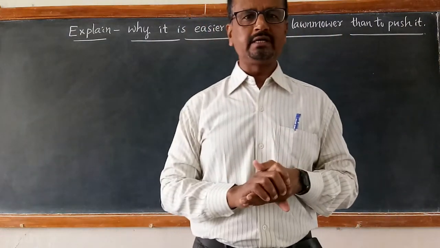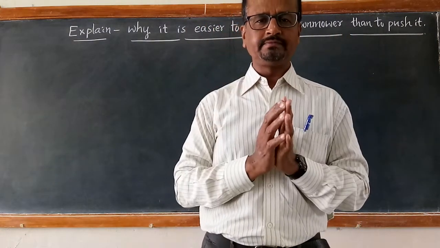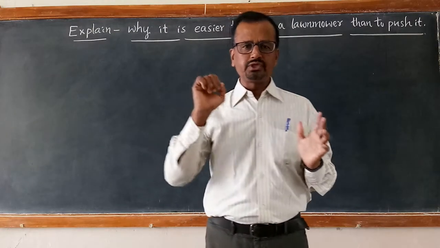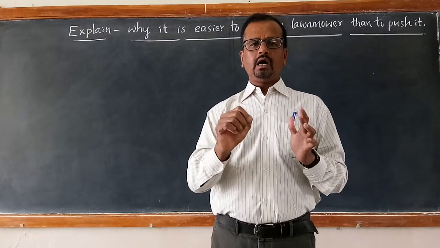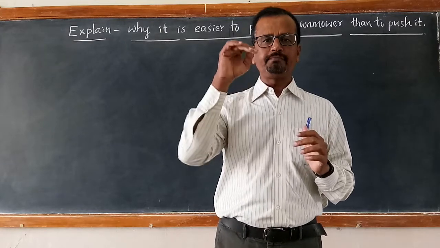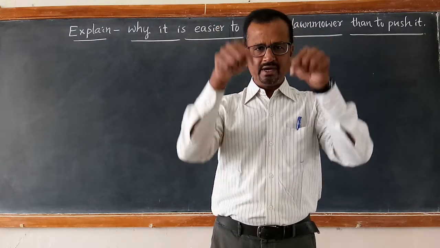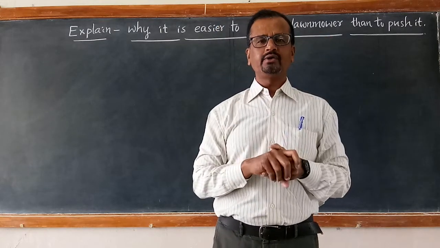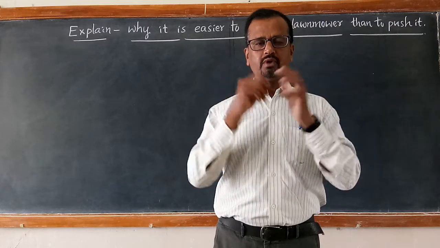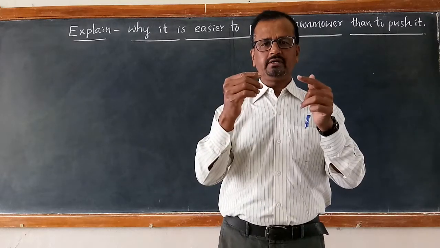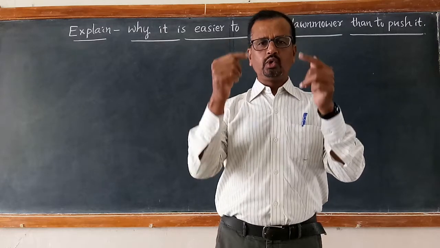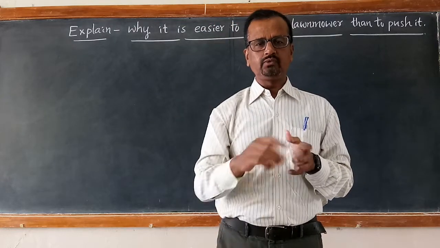This can be understood with the help of a diagram. When we push the lawn mower, the vertical component of our push is added to the weight of the roller or lawn mower. Weight of the lawn mower or roller is acting vertically downwards.